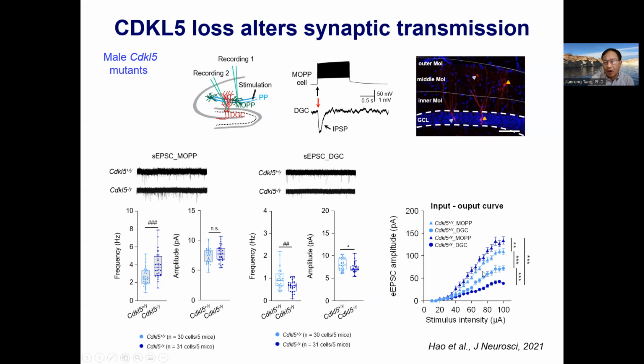So after CDKL5 loss, the response in the MAP cells is even stronger, and the response in the dentate granule cells is even weaker. This data shows that after CDKL5 loss, the difference between MAP cells and the dentate granule cells is further amplified, which shows maybe the dentate granule cells receive more inhibition through the MAP cell mediated feed-forward inhibition.